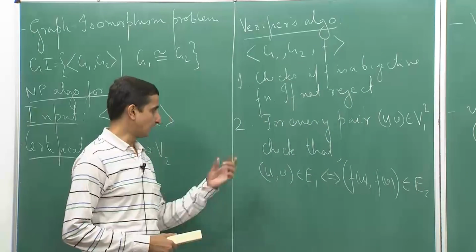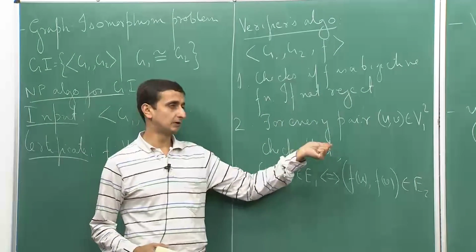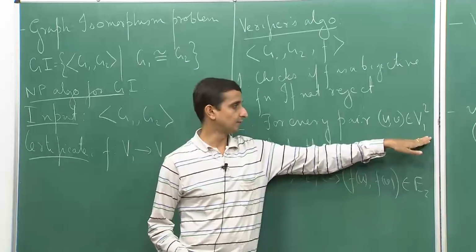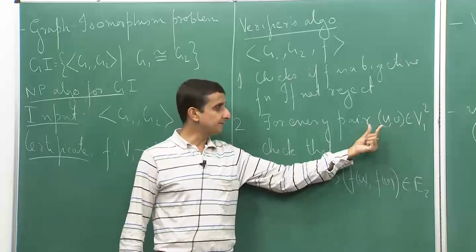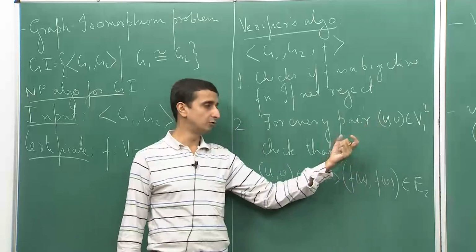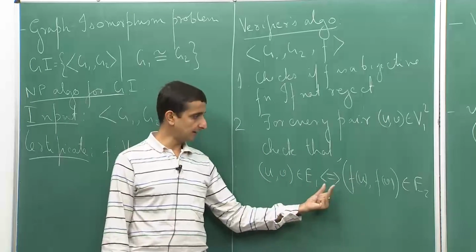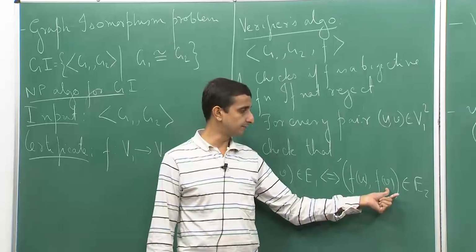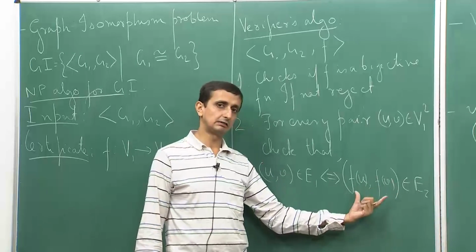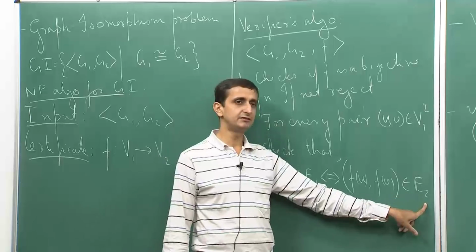Okay. So, you run a nested loop, basically through overall vertices of V1, and for every pair u comma v in this loop you basically check whether if uv is an edge, then the map f of u comma f of v, this pair also should be an edge in G2.